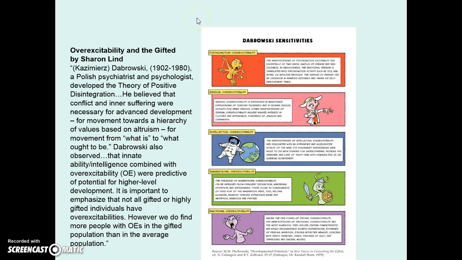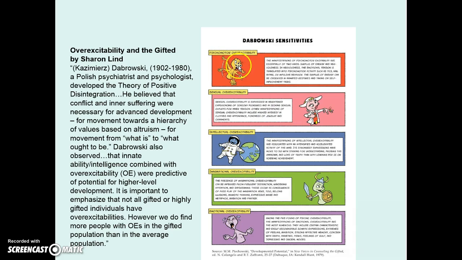We often think of them just as really smart kids, but, and I'm just going to say this briefly because this isn't even really in the book, there was a man, Dabrowski, a Polish psychiatrist and psychologist, and he has a theory around this, and he called them the Dabrowski sensitivities. Actually 6. I'm not sure what the 6th one is. But psychomotor, sensual overexcitability, intellectual, imaginational, and emotional.